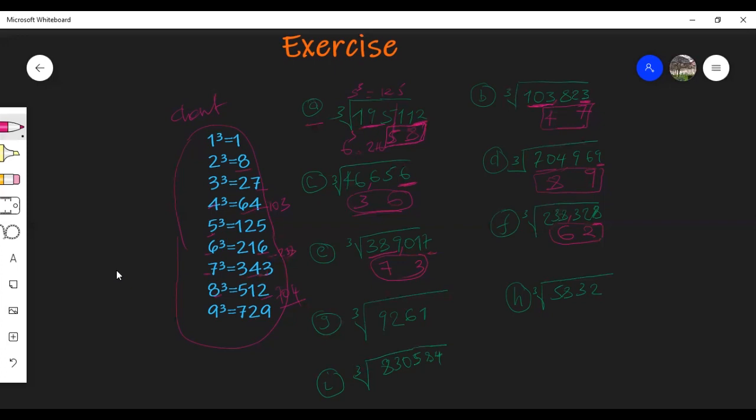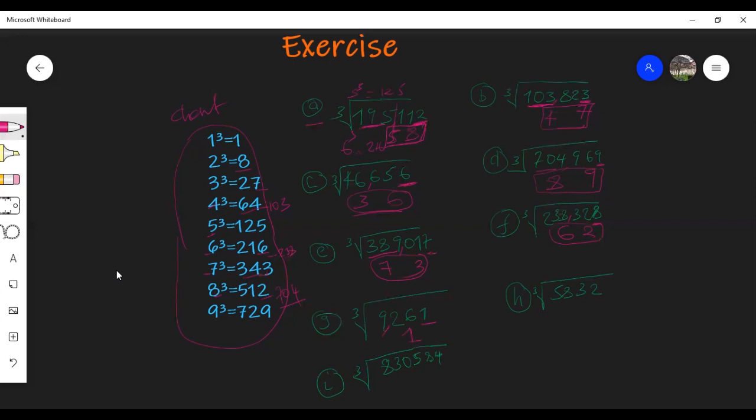Let's try this. This is going to be interesting because we put it like this, and what we want to do is to find out the cube root of 9,261. So you come again to the end and say, okay, what is the number that ends with 1? And that one is 1.